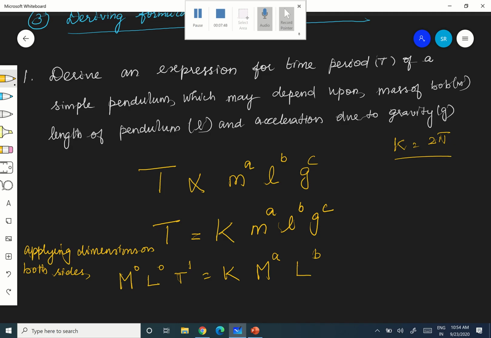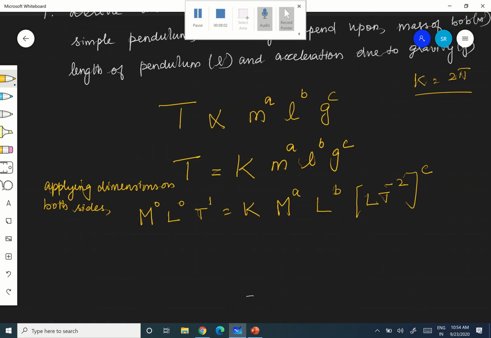Now g, acceleration due to gravity. What is the dimension of acceleration due to gravity? L T power minus 2, whole power c. Got it? Because it is a formula, the LHS dimension should be equal to the dimension of RHS. That is a well-known fact.